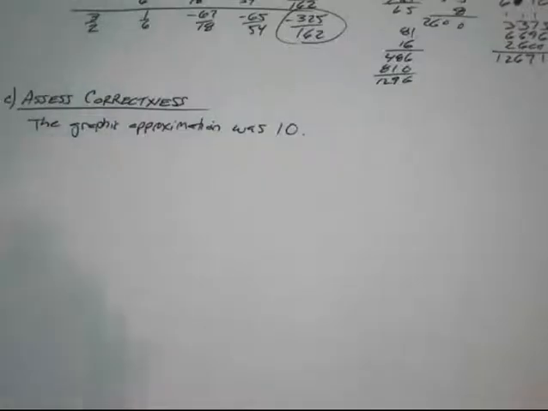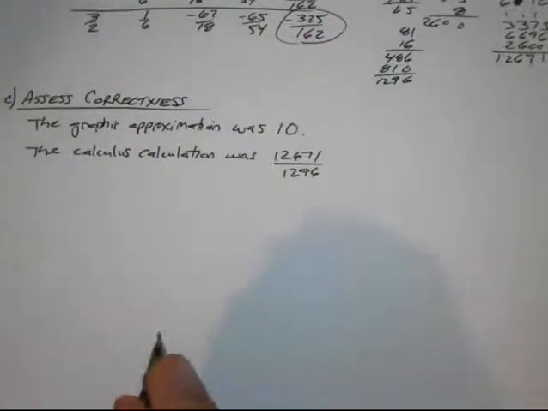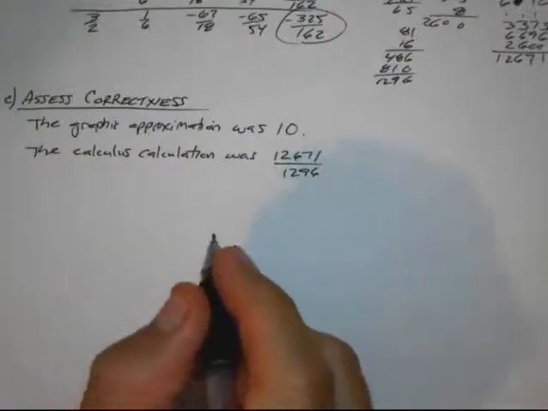And since we're just looking at the numbers here, the units of measure are both the same in each case. I just call it 10 for the purpose of this comparison, and taking our calculus calculation and recording it here. That calculus calculation was the 12671 over 1296.